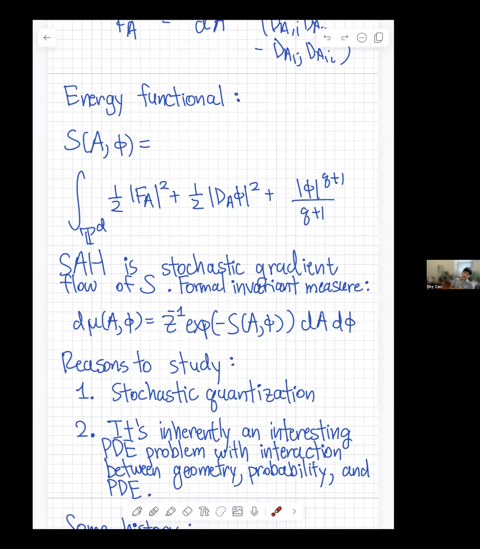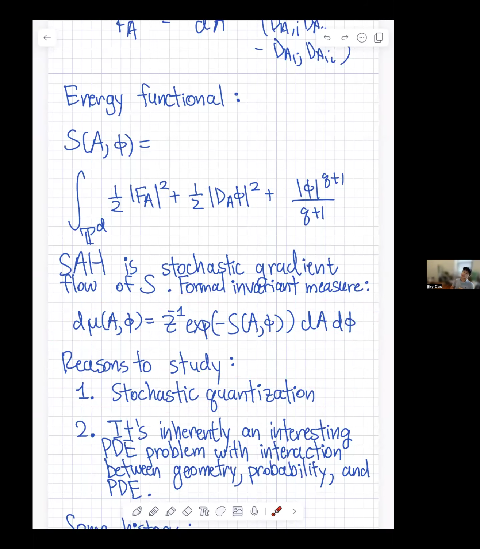And in recent years, this program of stochastic quantization, where you study this measure by looking at the dynamics, say, or some other Gaussian source of randomness, people have been using stochastic quantization to study measures of this type, right?